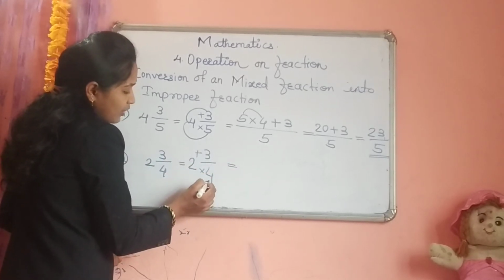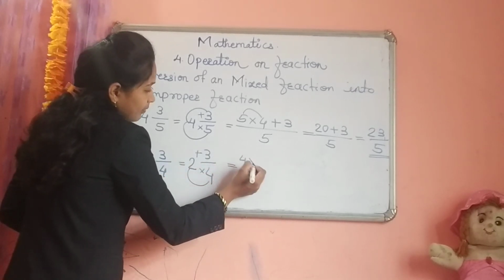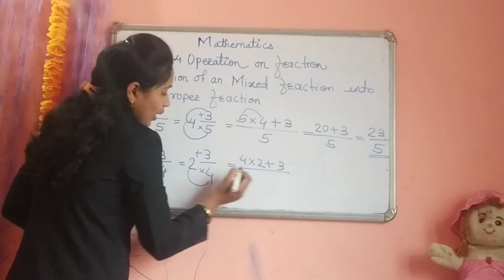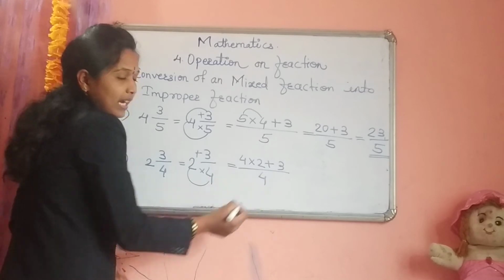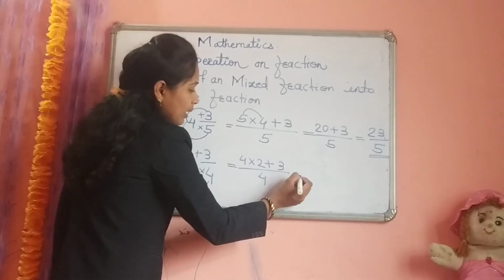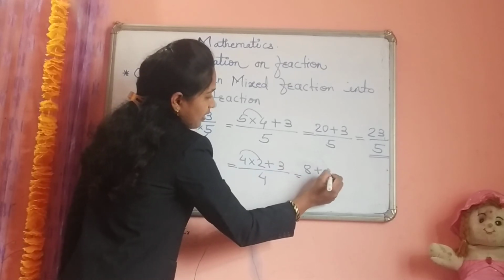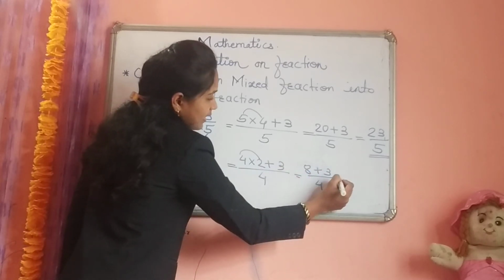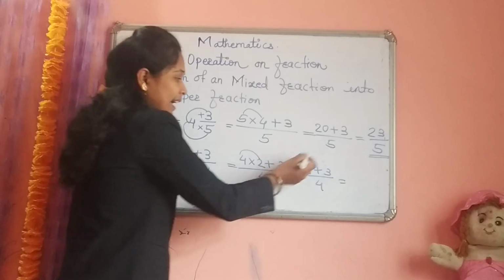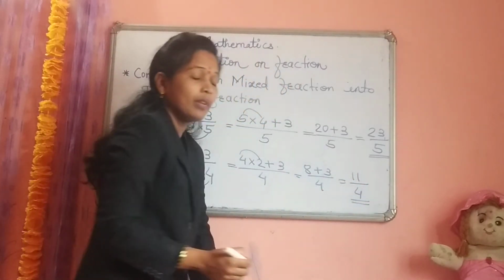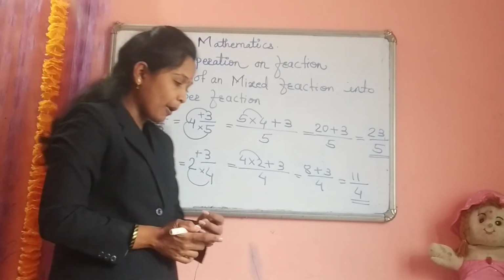So do the multiplication 4 into 2, give the addition sign plus 3, and whatever denominator is given, write down that denominator as it is. 4 2s are 8 plus 3 divided by 4. After the addition, 8 plus 3 is 11 divided by 4. Now 11 upon 4, this is your improper fraction.